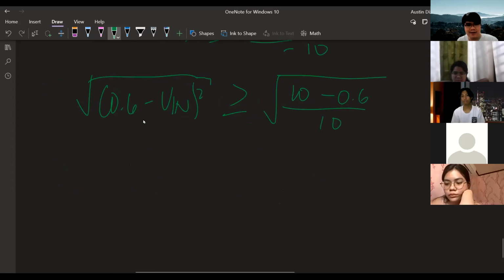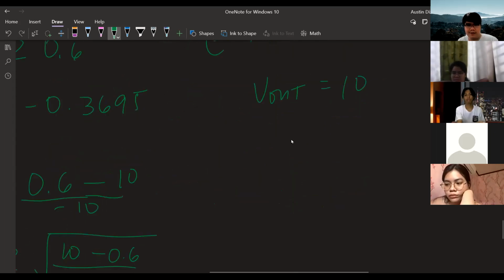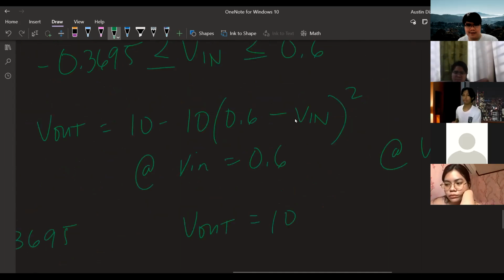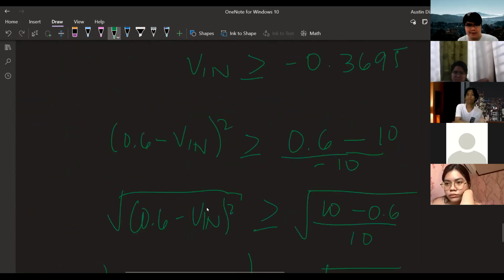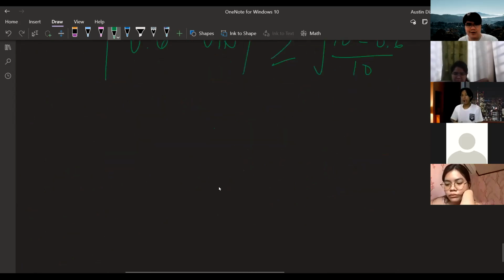Okay, this is always a positive number, therefore yung positive kukunin mo dito. Okay? Tama ba? So 0.6 minus V in. But you already know V in must be less than 0.6. So this is always positive. So no need for absolute value.